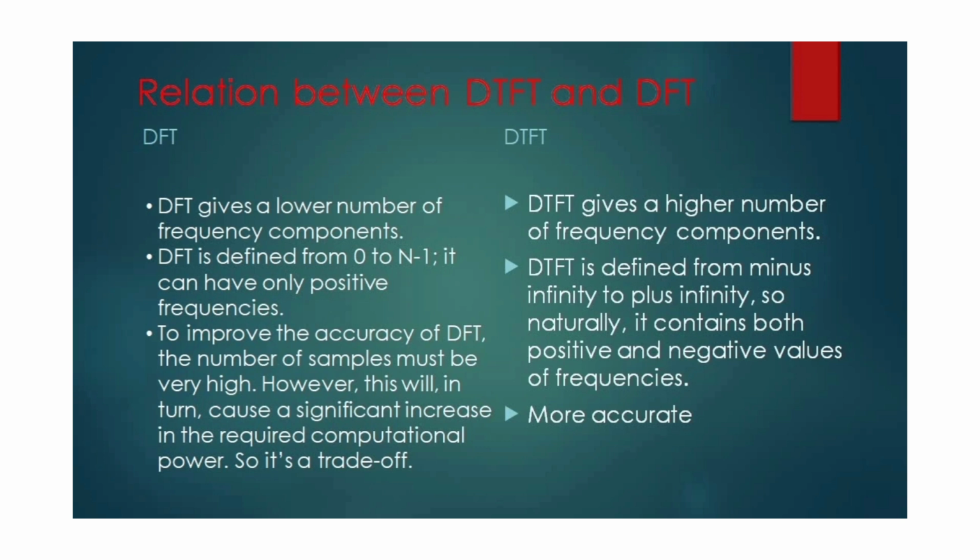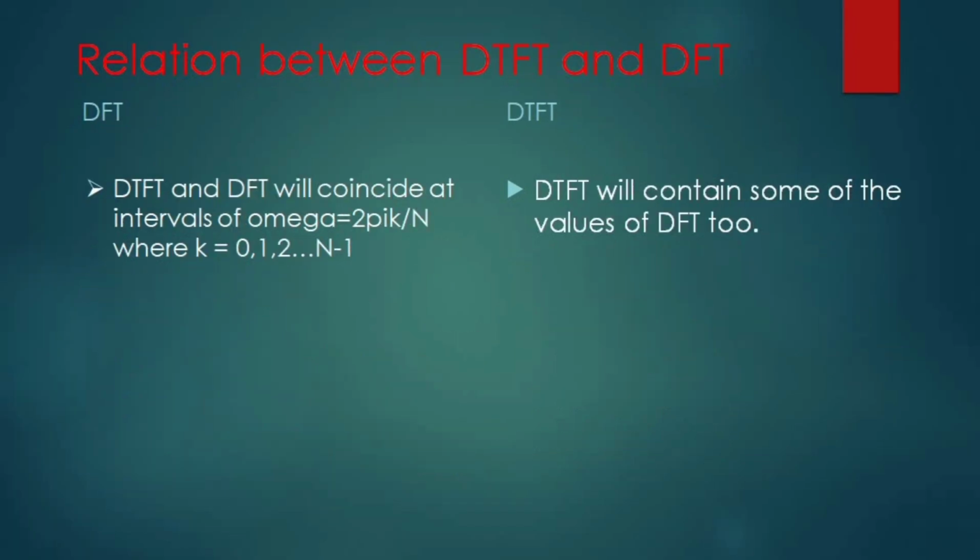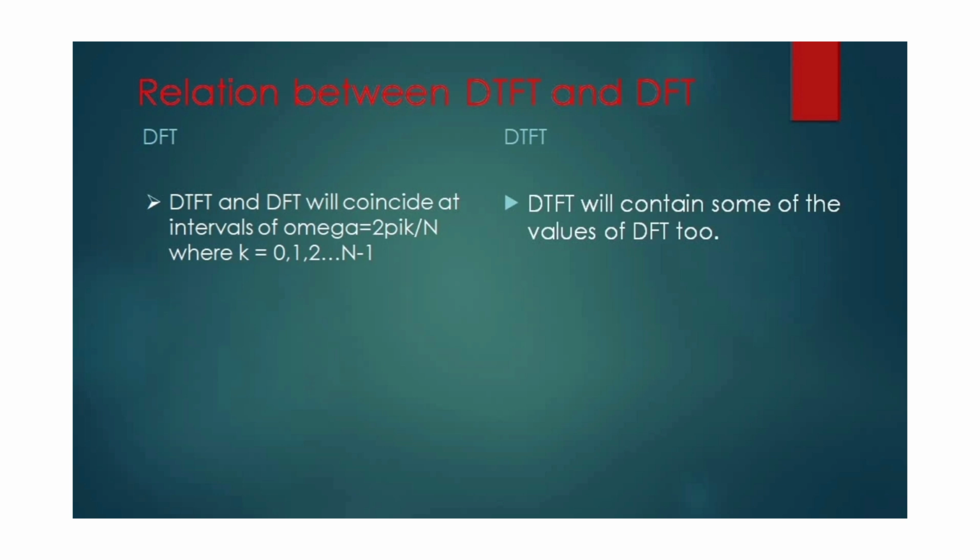Whereas the DTFT gives the highest number of frequency components, and DTFT is defined from minus infinity to plus infinity. So it consists of both the positive and the negative frequencies, and it is more accurate compared to DFT. You can see the DFT and DTFT will coincide, because the DTFT contains some values of DFT, right?